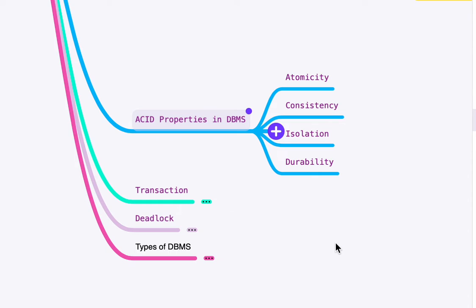Now we'll see what consistency is. Consistency means the transaction should stay consistent throughout its lifecycle. Let's say transaction A and B is happening on a server, and from account A the amount is withdrawn and deposited to account B. In the phase between withdrawing from account A and depositing to account B, it should be consistent and should not change in any way.